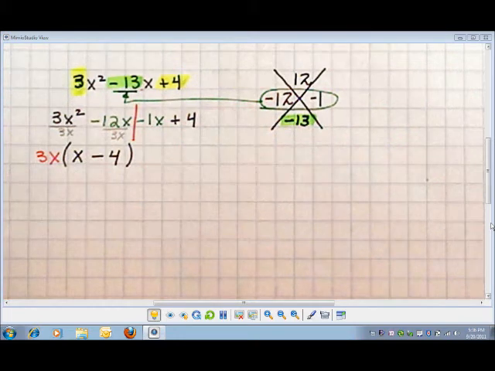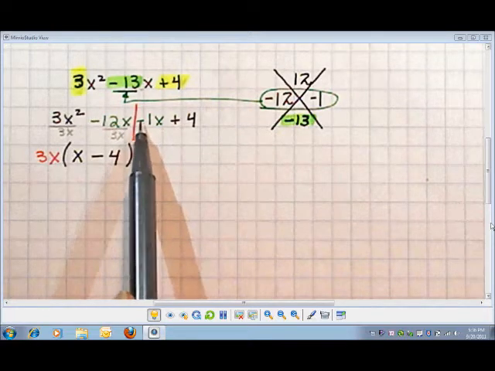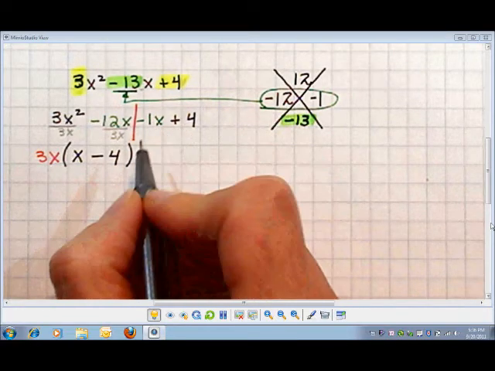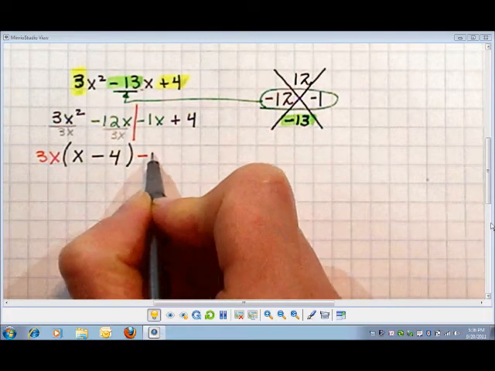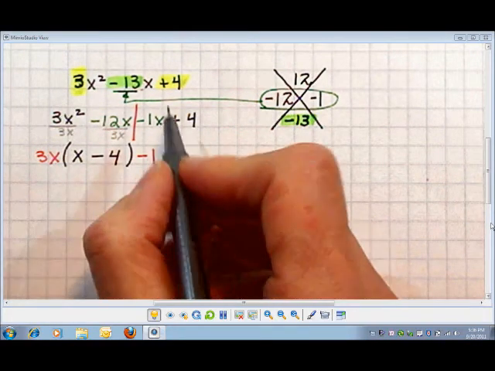Now let's look at the second group. Notice that I have a negative. Anytime I have a negative here, chances are I'm going to want to factor out a negative. So I'm actually going to factor out a negative 1. Make sure you write the sign, even if it's positive. You still want to write that sign because that's going to help you with the next step.